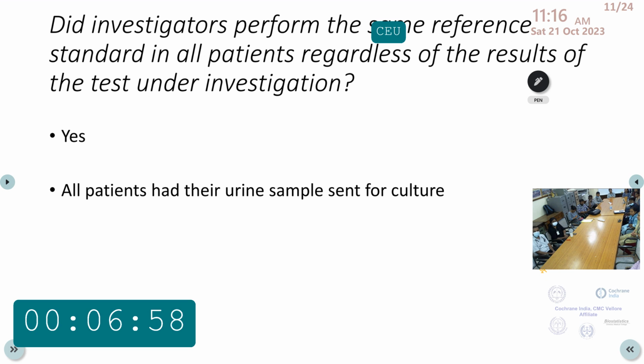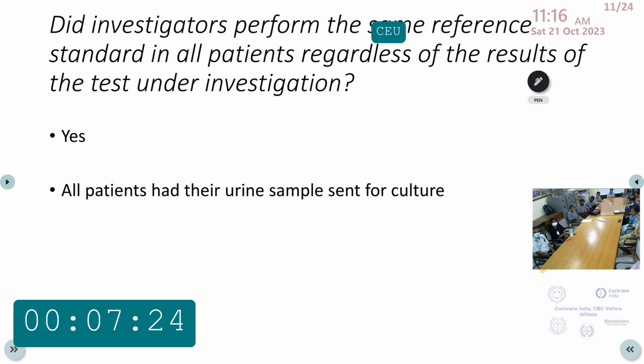So sometimes when it's not possible to do the gold standard test in everyone, if it's an invasive test or if it's a test which has some risks associated with it, people may not choose to do it for all patients. For example, in a patient who has suspected pulmonary thromboembolism, and if you're validating a particular test, and if some people have tested positive for that test, then maybe you may choose to do a CT pulmonary angiogram for all of them.